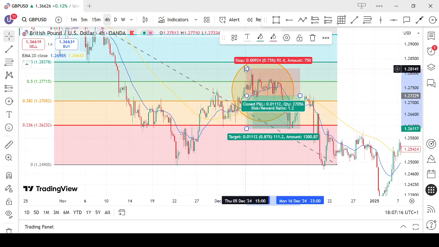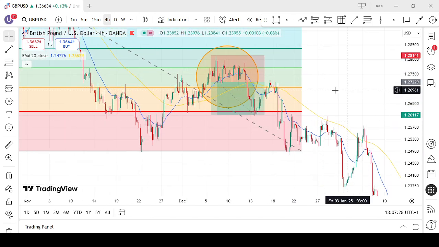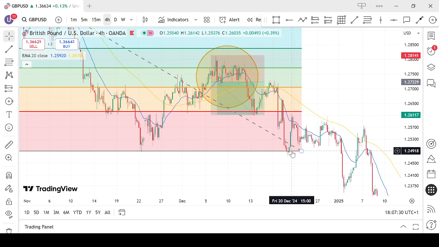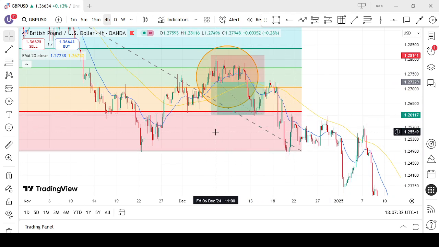Remember, in a sell trade you put your stop loss just above your most recent swing high, or above your resistance zone. Those are the areas you put your stop loss, and in a buying trade you put it below the most recent swing low, or you put it just below the support region. You can also place your stop loss just beyond the most recent swing point.